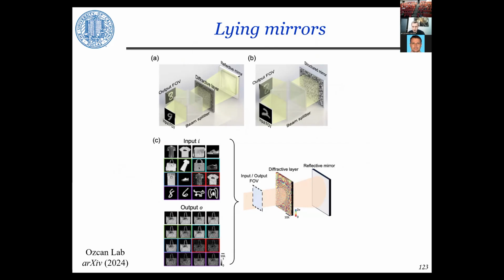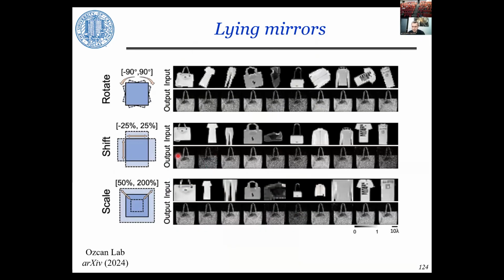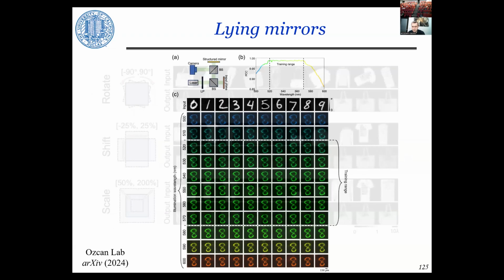No matter what kind of object you have in here, you get the same lying mirror. And we've also made it rotation, shift, and scale invariant by feeding during the learning process various objects at different rotation angles, different shift amounts, and different scales, so that the system is resilient to that.